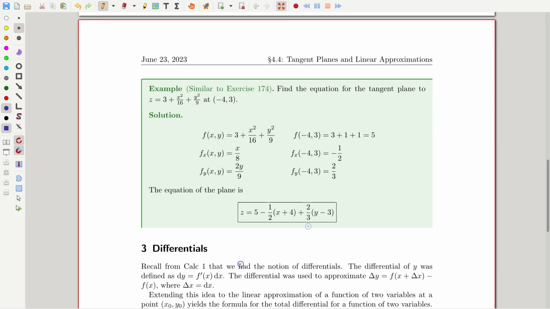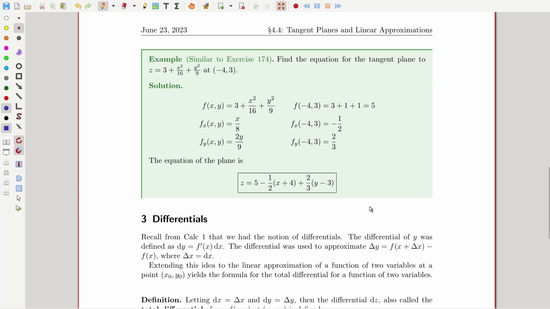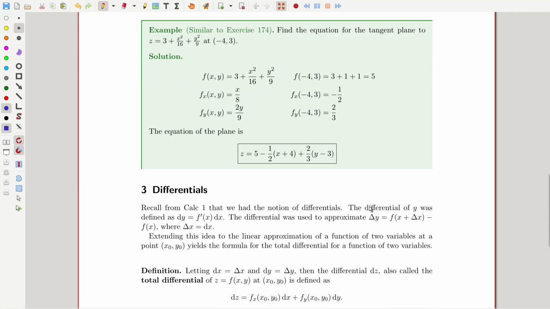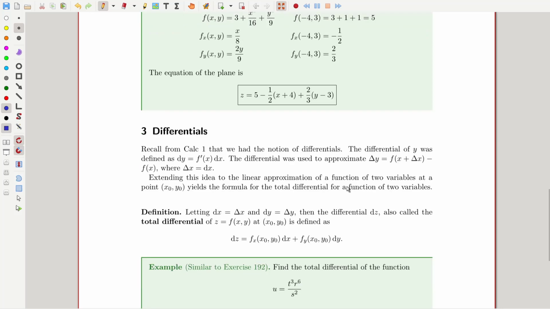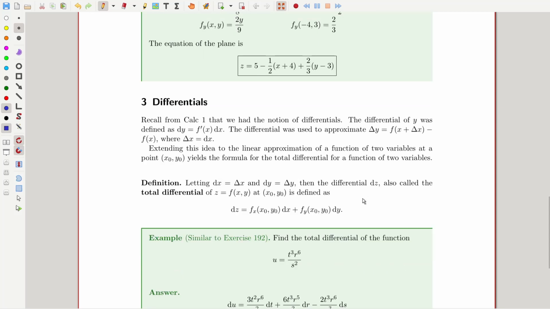And then the other concept that's part of this section is this notion of a differential, and in particular the total differential. I try to write about it here, but I think the easiest way to see it is just through an example. The idea is pretty similar.